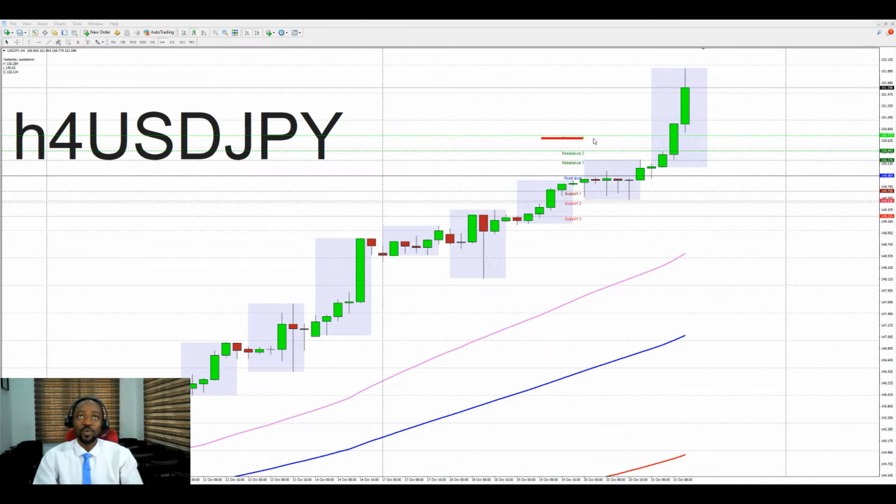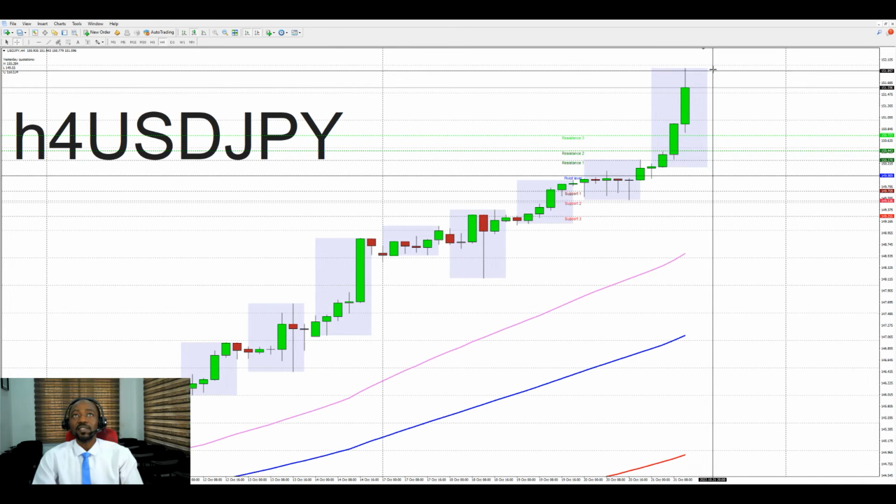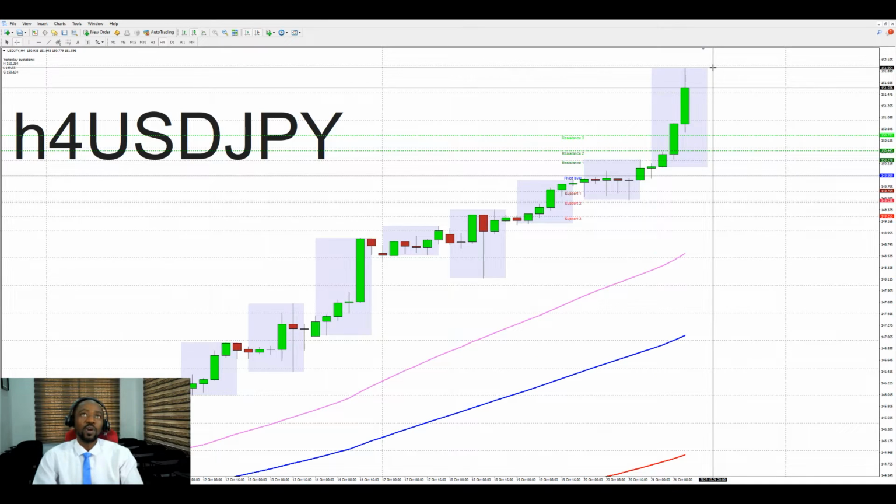We have gone beyond our resistance 3 and support 3, and of course we kept going higher. USD JPY has traded beyond the 150 round number. The Japanese don't want their currency to go beyond 150.